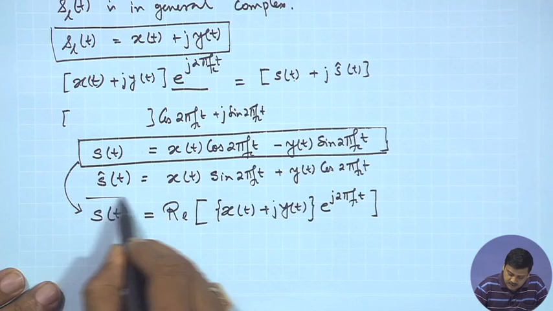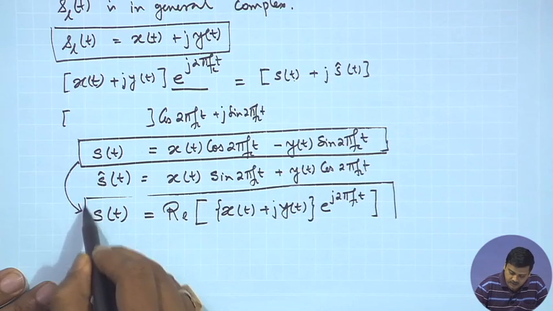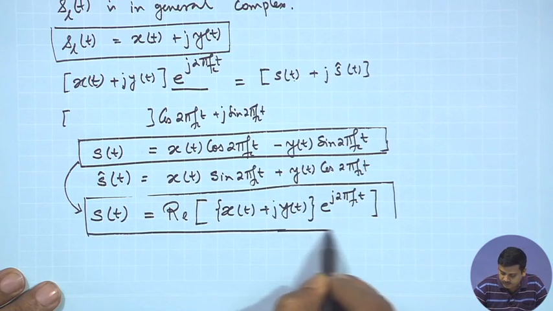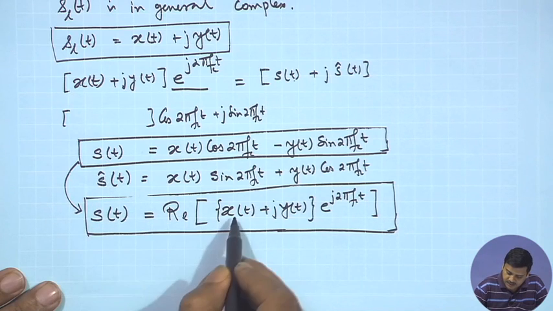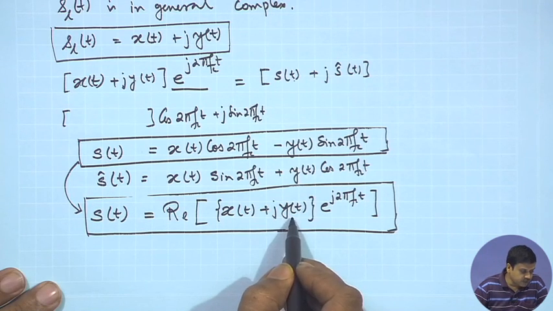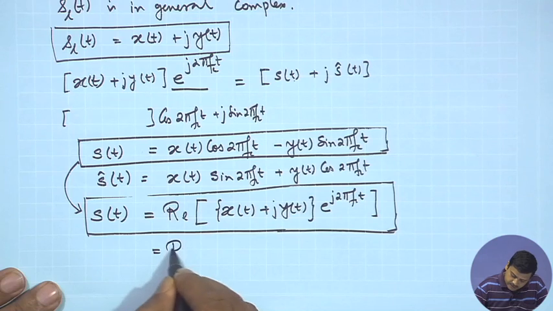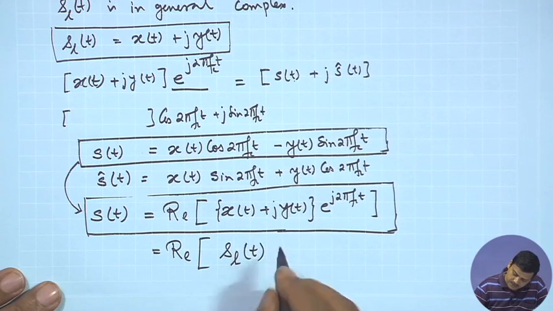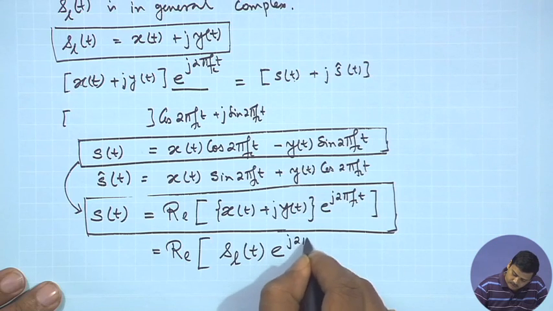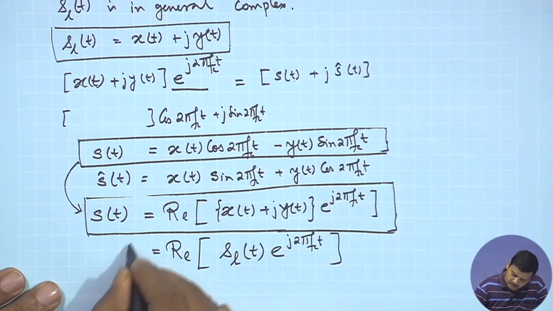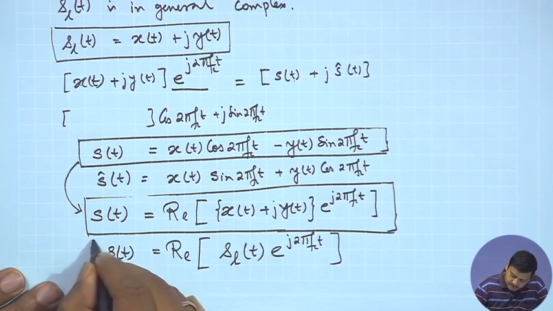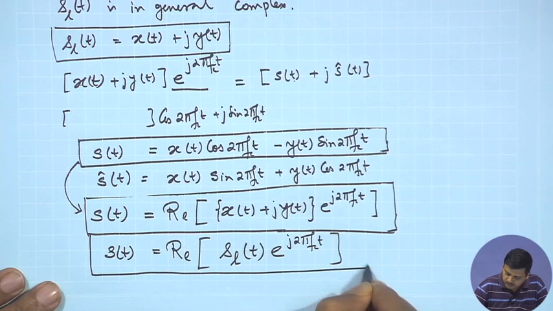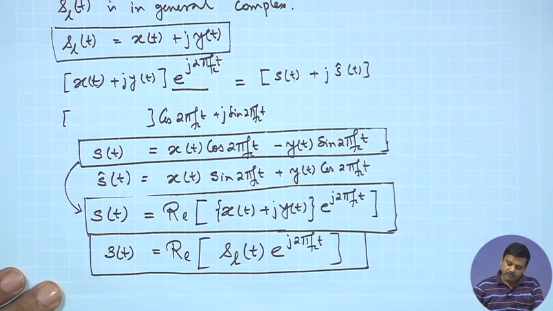So, this is another important representation of the passband signal S t in terms of its low pass equivalent, and you could also write this as the real part of S L of t e to the power of j 2 pi f c t, which is a very desired form. So, these are some of the desired forms which relate the passband signal to its low pass equivalent.